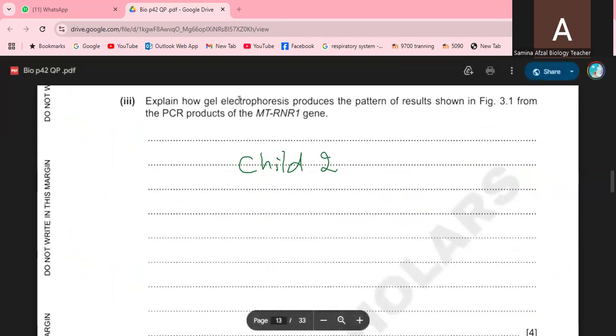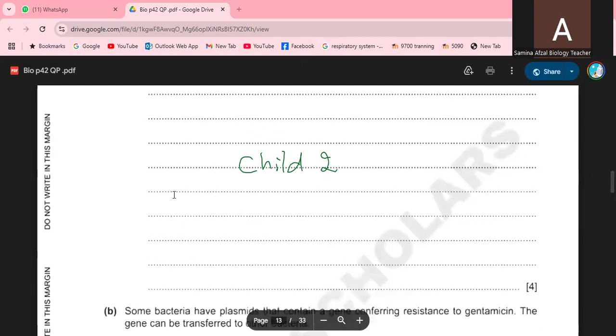How gel electrophoresis produces the pattern of results shown in figure 3.1 from the PCR products of the MTRNR1 gene. So we have to break down how gel electrophoresis creates the distinct banding pattern observed in figure 3.1.